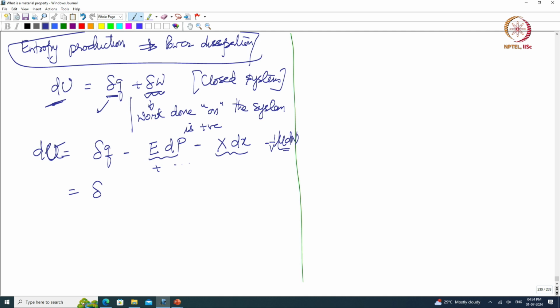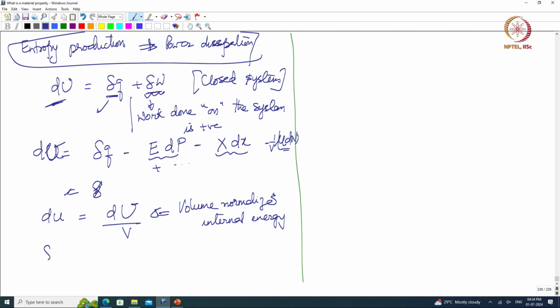Now, you may want to be a bit careful about the units here. When I say dU, I am looking at the total internal energy divided by volume, so this is a volume normalized internal energy. When I say delta q, that is also delta capital Q by V, so this is also volume normalized heat.